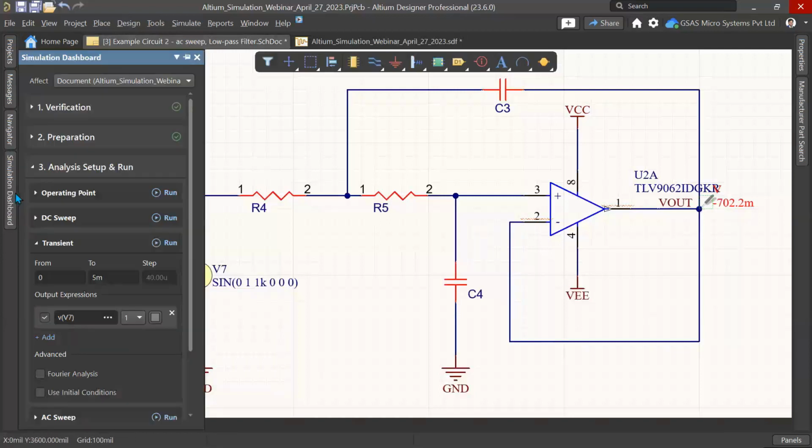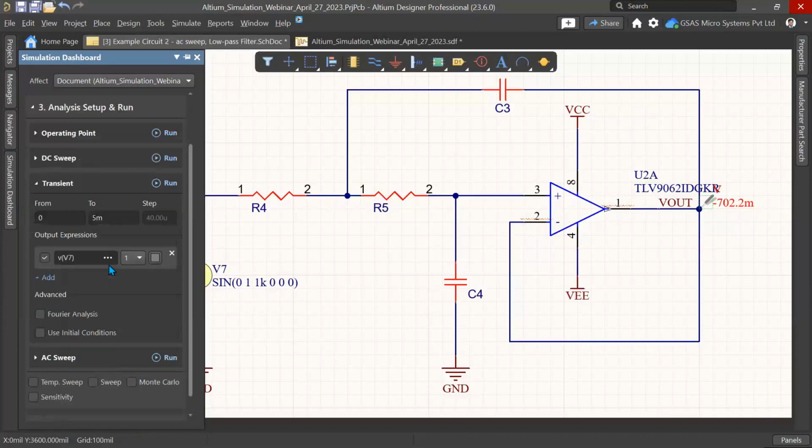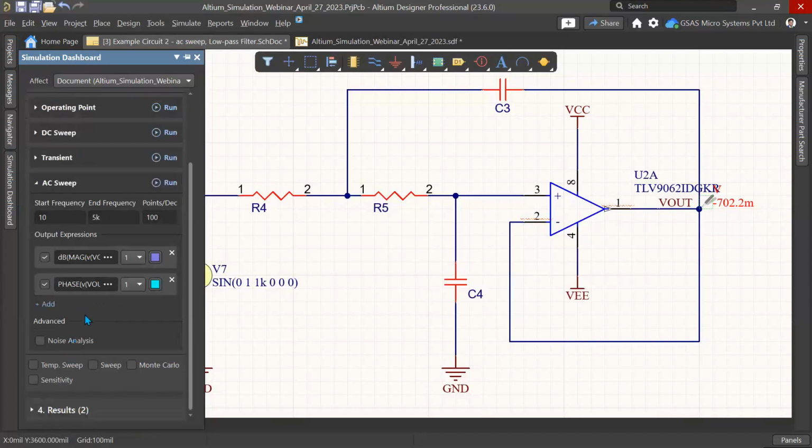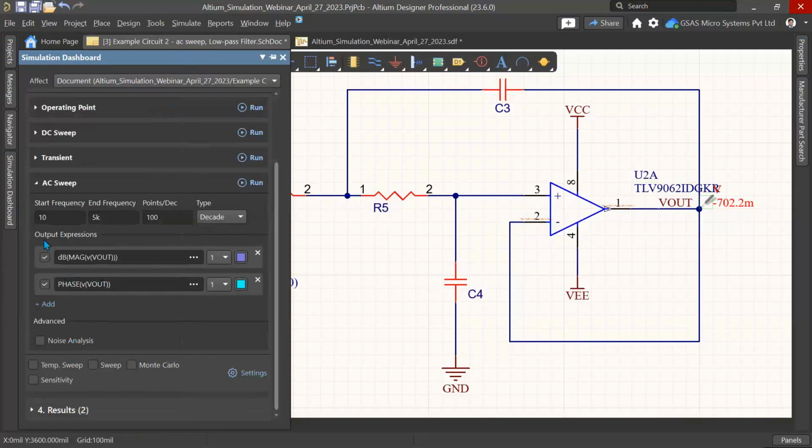Now let us turn on the AC sweep to analyze further how it will affect our outputs. Here we have start frequency 10 and stop 5K, and decimal points is 100. We're going to plot magnitude in dBs and phase, and assign different colors.